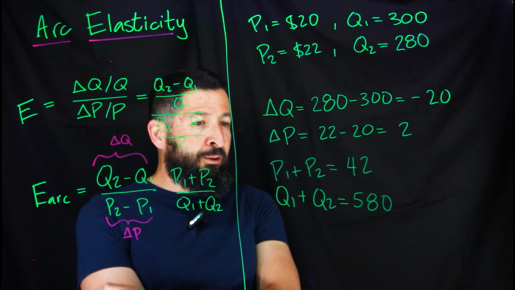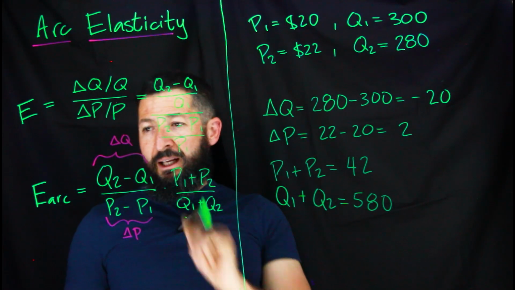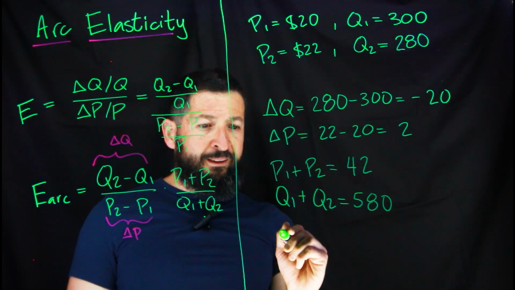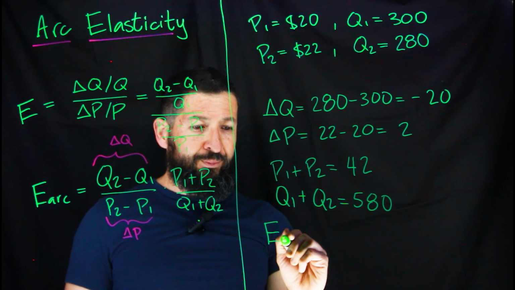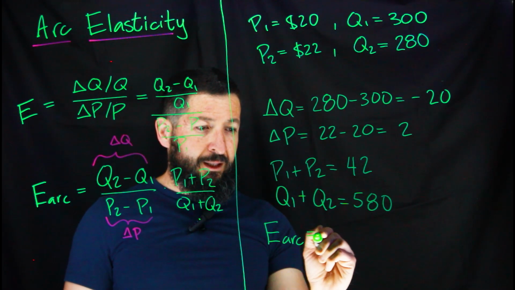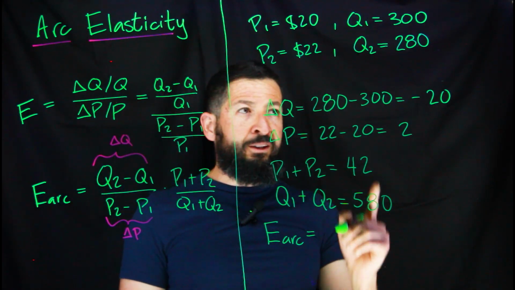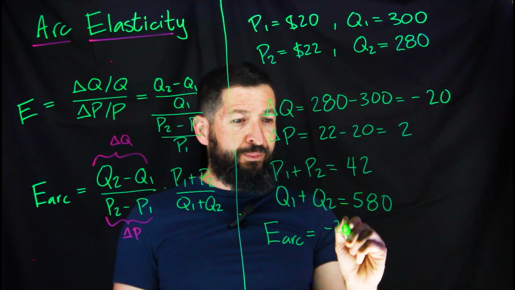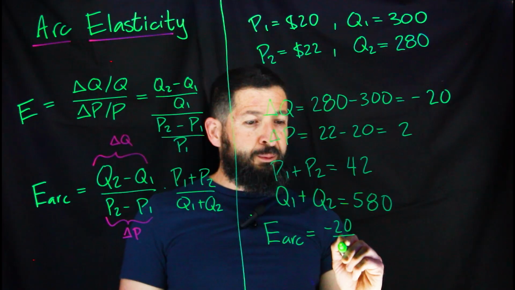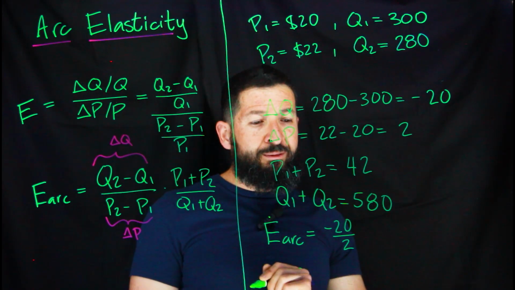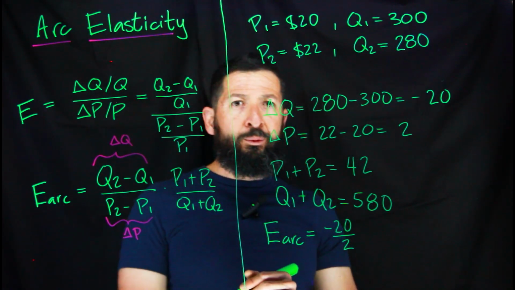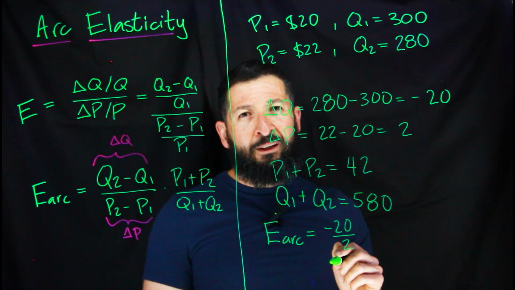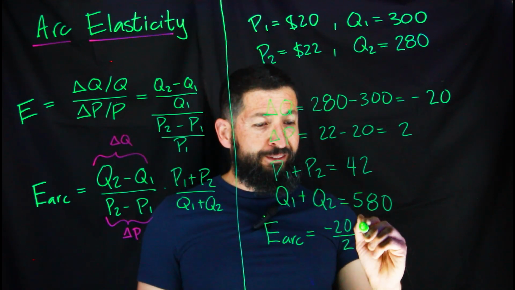All right, and now we're going to write everything here to compute the elasticity, and I barely have room. I get delta Q, which is negative 20, over delta P, which is 2. So this quotient gives me negative 10. As I said, the elasticity will be negative. If we were doing elasticity of supply, it would turn out to be positive.